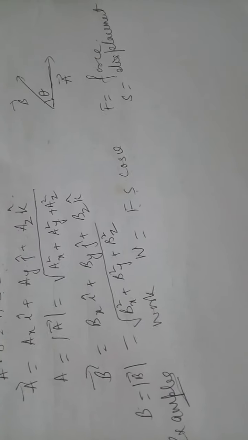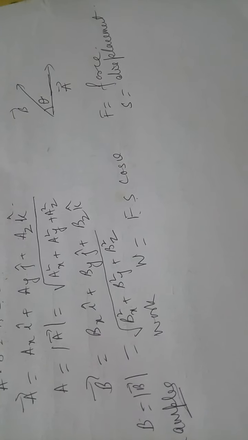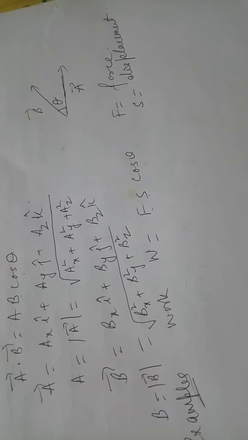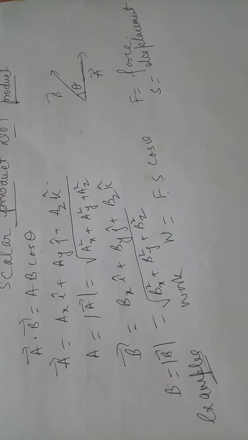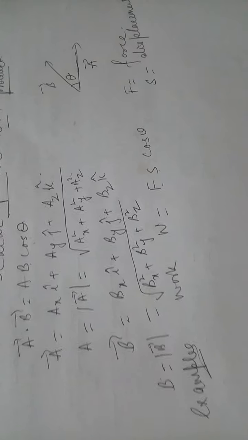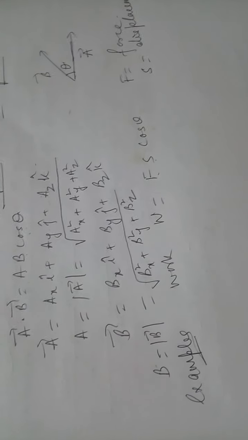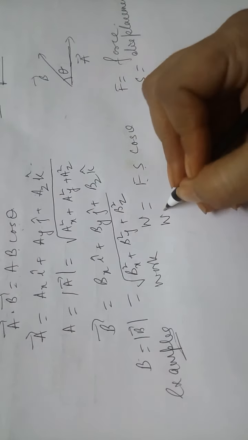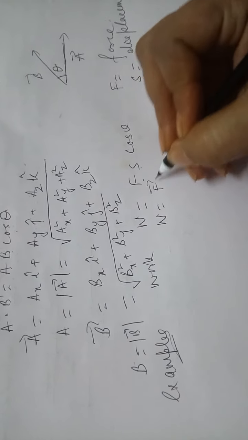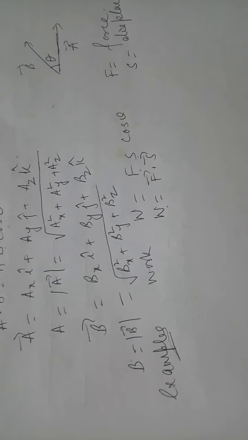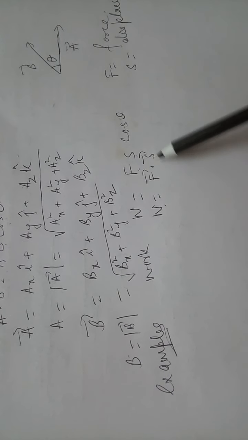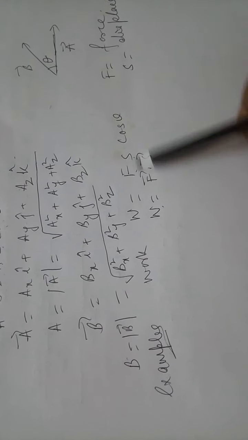Force and displacement are both vector quantities, so it is the dot product of F vector dot S vector, or Fs cos theta. So you can very well write W is equal to F vector dot S vector. Work done is a scalar, but it is the dot product of two vector quantities. That is how we represent it.